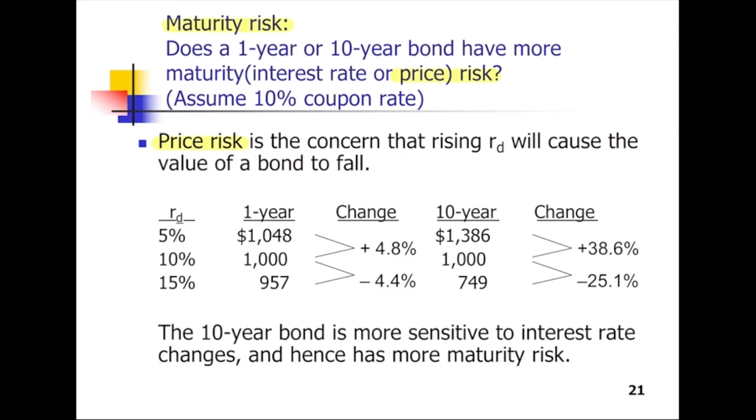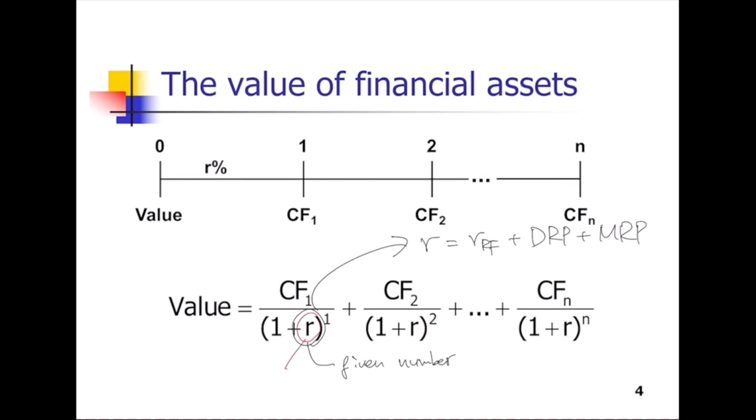For example, the base RD is 10%, but if RD rises to 50%, the bond price goes down, right? From 1,000 to 957. Why does the bond price go down? Because RD is used as the denominator, so when the denominator goes up, the value decreases, right?